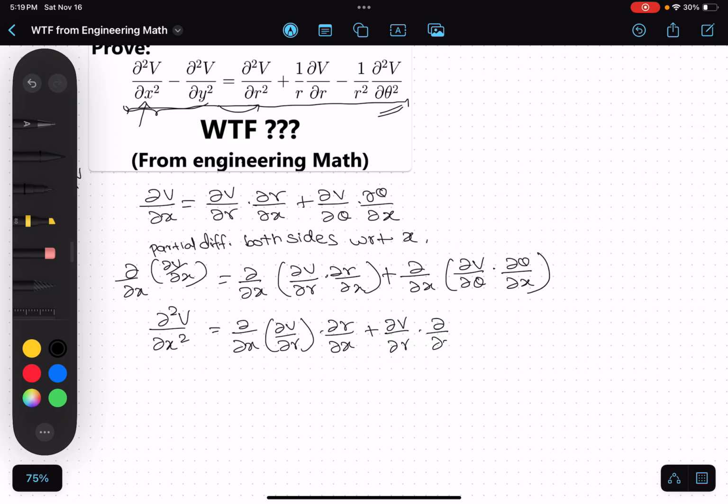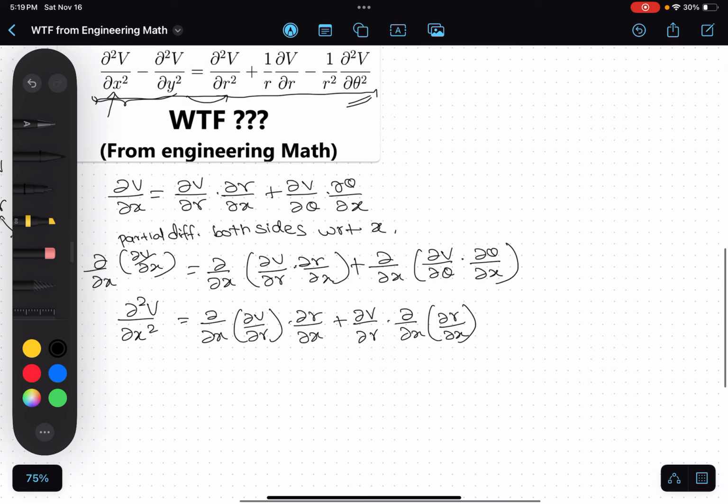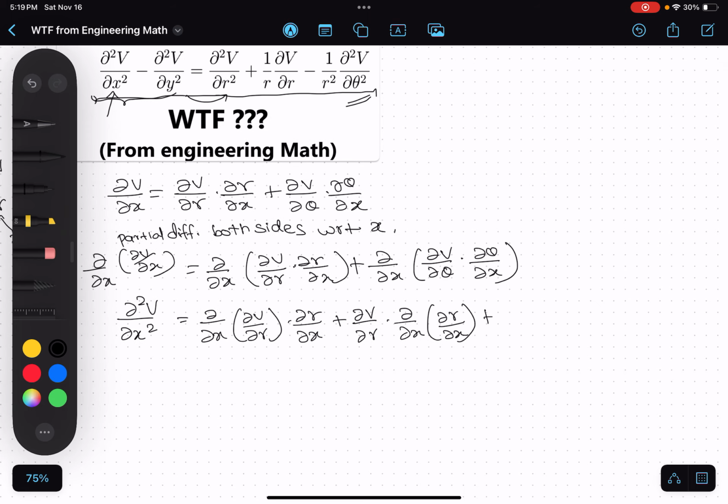So partial x of, see, this is long, but it's not hard at all. Don't mistake it for being hard. It's definitely long, but it's not hard. And partial x, partial b by partial theta. So first thing derivated, second thing untouched. Now first thing untouched, second thing derivated. This is how it works. That's just the product rule.